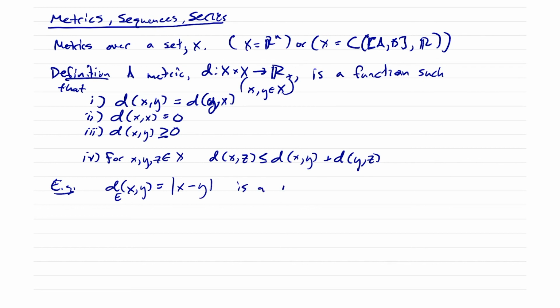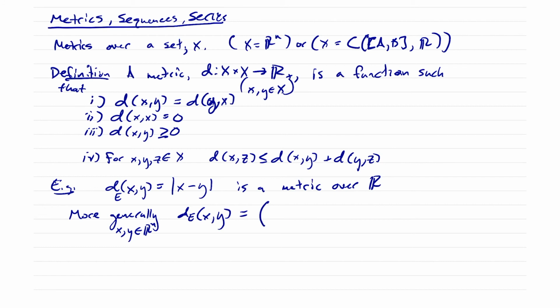This is a metric over R, or more generally, we see that d_E(x,y) for x and y in R^n is equal to the square root of the sum from i equals 1 to n of (x_i minus y_i) squared, right?